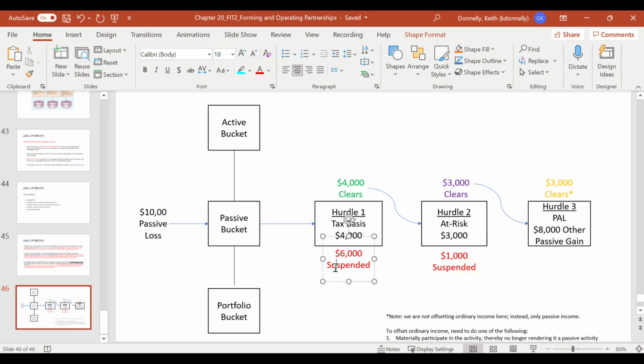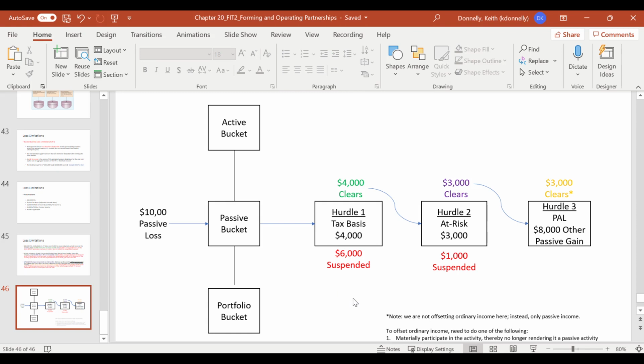Now, with these things right here that are suspended, you can use those at a later point in time. So like next year, for example, if you don't have any passive losses, but you do have passive income again, you can then utilize these.